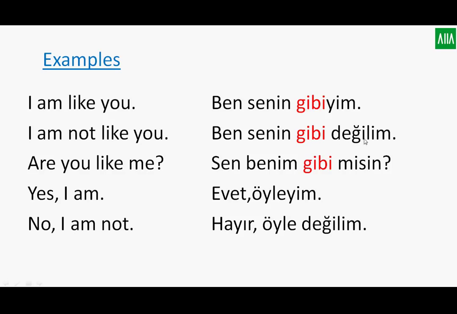Değil, as you remember from previous lessons, is the negative word of not in Turkish. The soft G is kind of not pronounced, so you say değil. Ben senin gibi değilim.